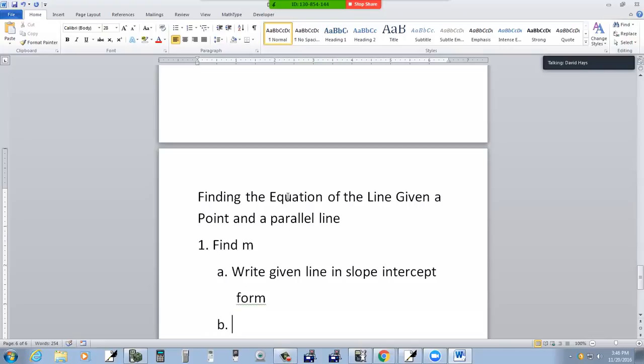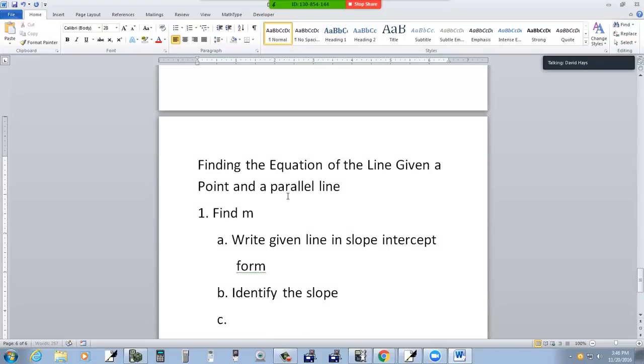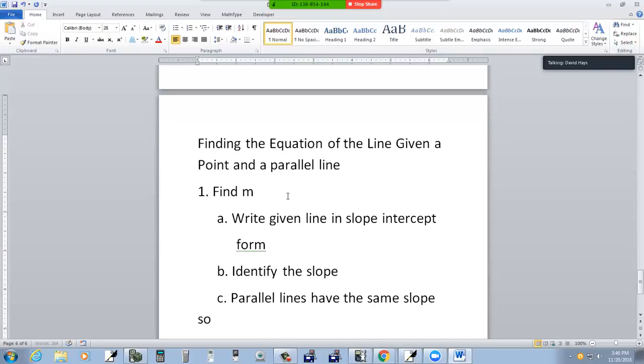Step 2, identify the slope. Step 3, parallel lines have the same slope, so m is going to equal, and I'll come back to that, blank.